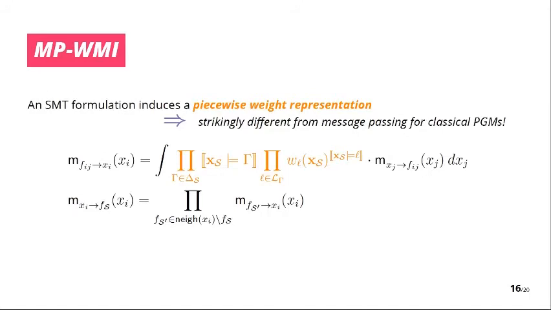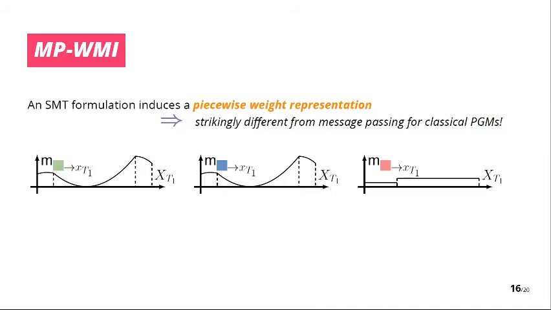Another thing we can tell from the formulation of the messages is that the SMT formula induces a piecewise weight representation in the message. Here, there are three example messages generated when running MPWMI. This is strikingly different from the message passing for the classical PGMs.